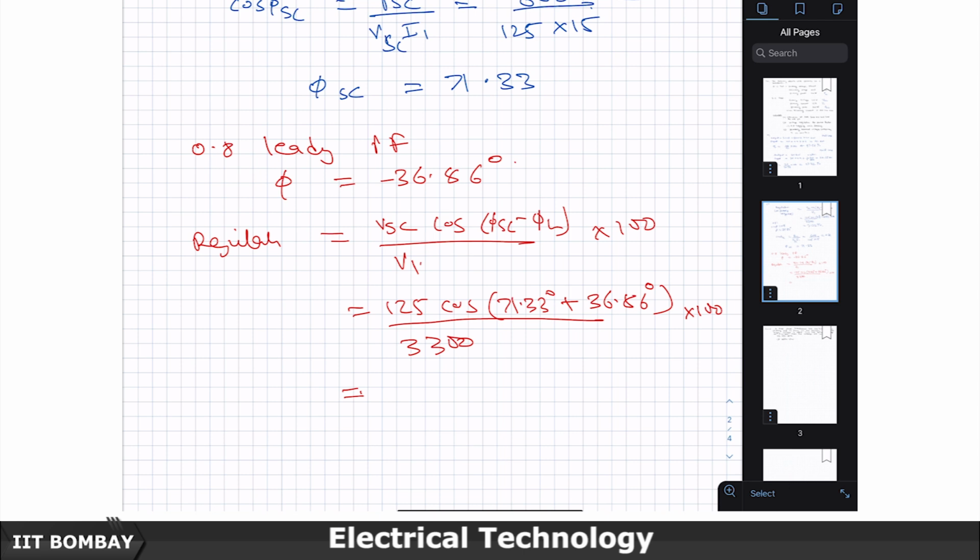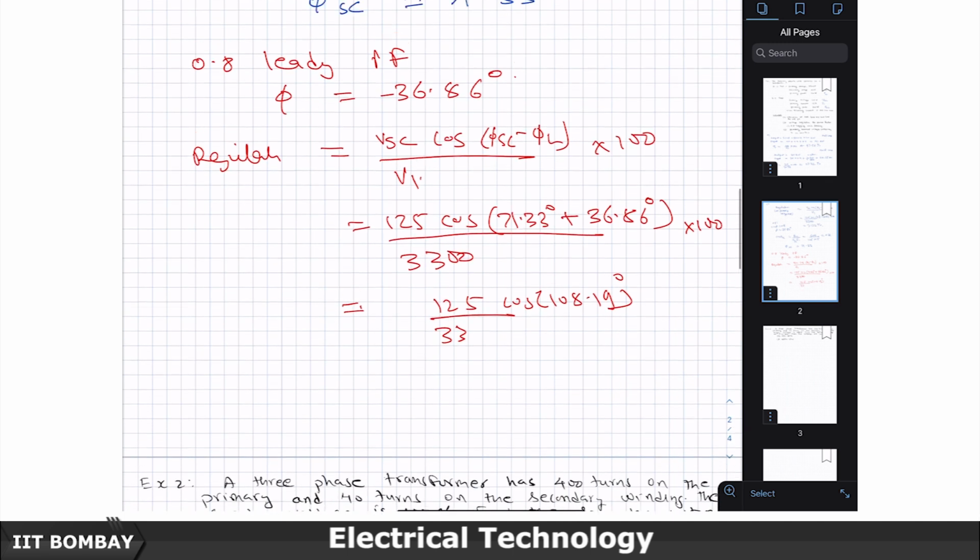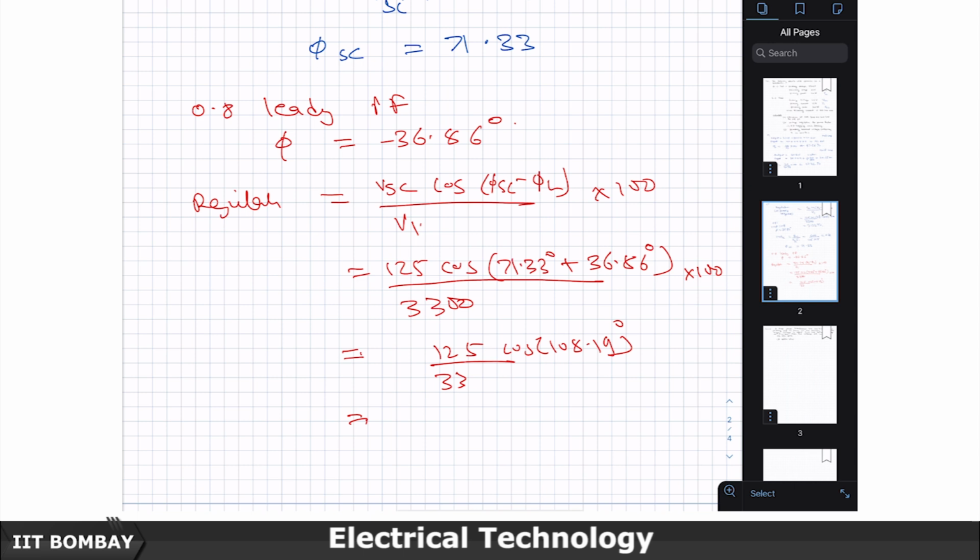Let us calculate this. 71.33 plus 36.86 is 108.19 degrees. So, cosine will be negative. Therefore, you are sure now that percentage regulation is going to be negative.